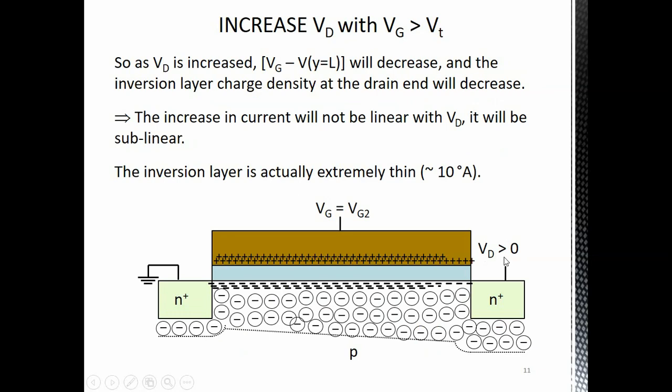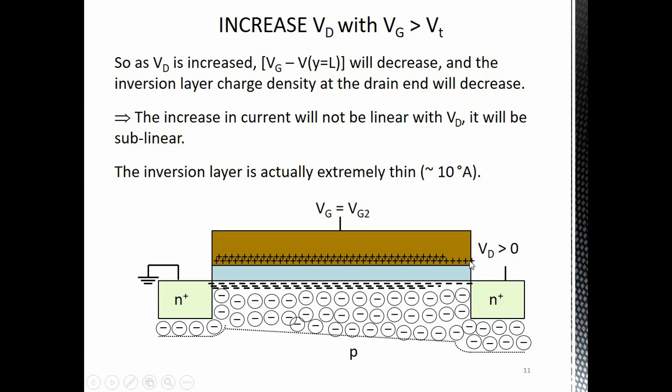So when we have a drain voltage that is greater than 0, what we will say is that the gate to channel voltage at any point in the channel, and let's say specifically here. So let's say the gate is 0.9 volts, the drain is 0.5 volts, then the potential difference between this point, this of course is entirely 0.9 volts because the metal is an equipotential.